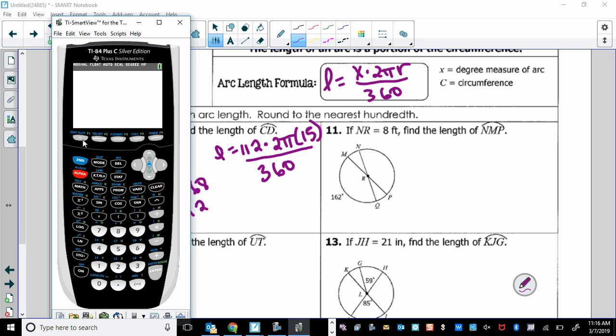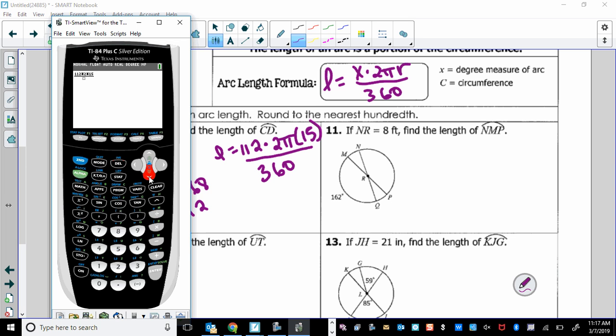So I'll do alpha y equals number 1. I'll put 112 times 2 times pi times 15. Okay, did I put something else here? I think I did. Yeah, times 15.